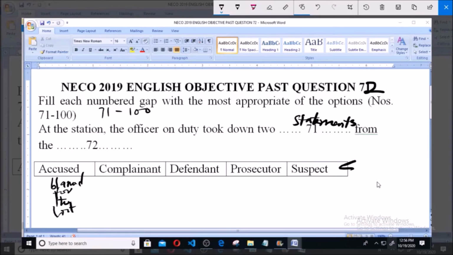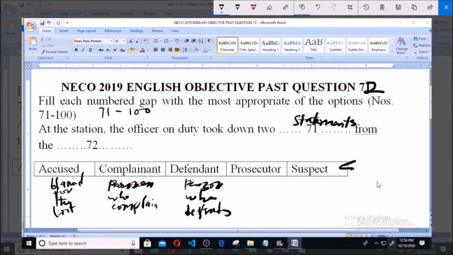Then complainant is the person who complained, who made the complaint. Then defendant is the person who defends.